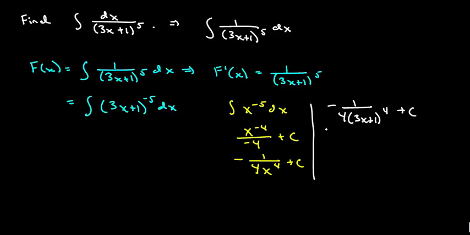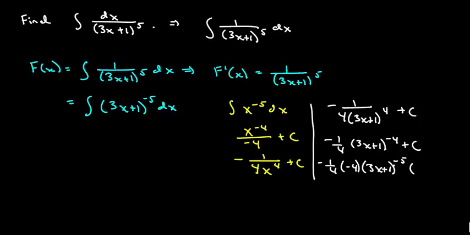And let's look at differentiating this. So this is really this. And so when we take the derivative of this, the derivative of this guy is 0. So the derivative of this guy is -4 times a fourth times 3x plus 1 to the -5th.